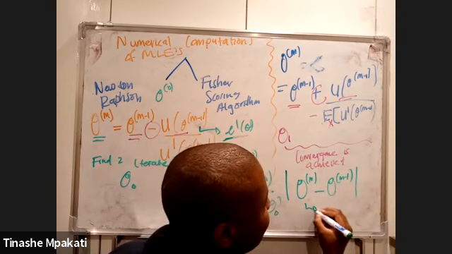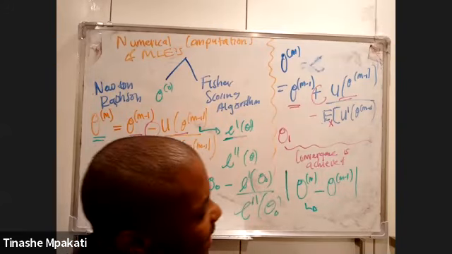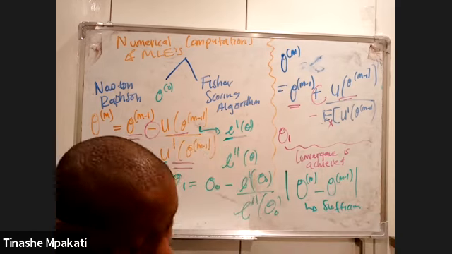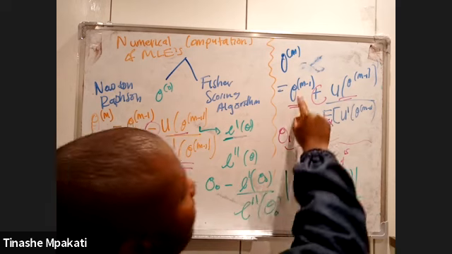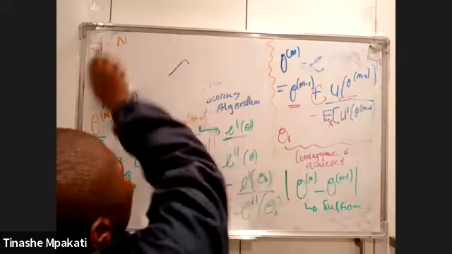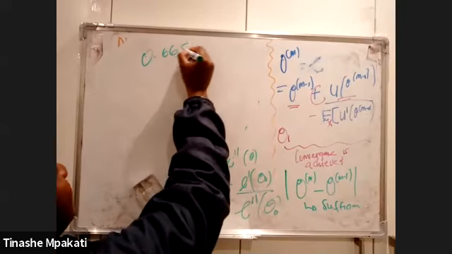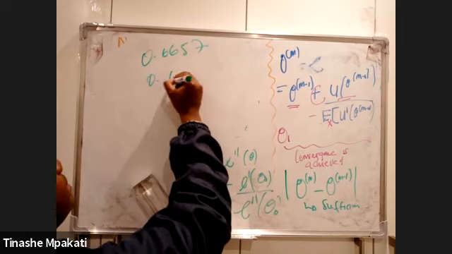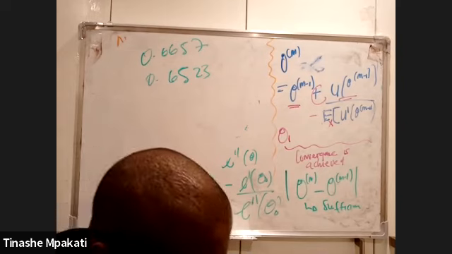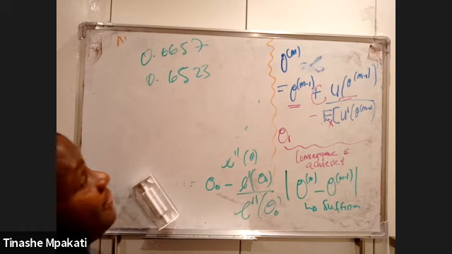There isn't a range that we can say is sufficiently small, but one thing you will notice is that when you find these iterations, you get numbers like 0.6657 and 0.6523, something like that, and when you take the difference, you can see that most of the time it will be very, very small.